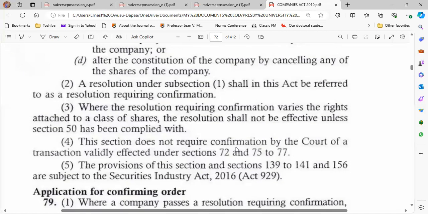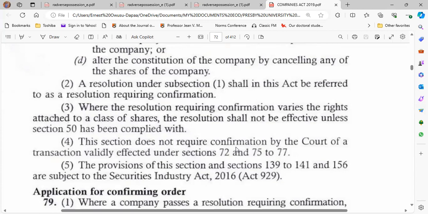That is 3/4 of the shareholders, as it were. But if you are going to do any variation which will affect the rights of a particular class of shareholders, then also remember the discussion of class rights and variation of class rights under section 50. You need to also comply with those specific requirements that we discussed. Otherwise, the resolution seeking to vary the rights attached to a class of shares will not be valid or effective. So let us keep that in mind.